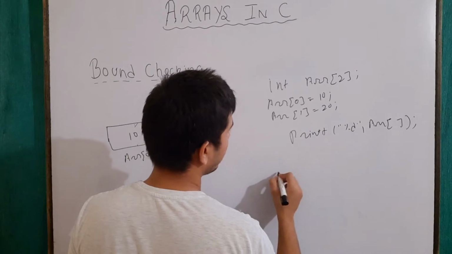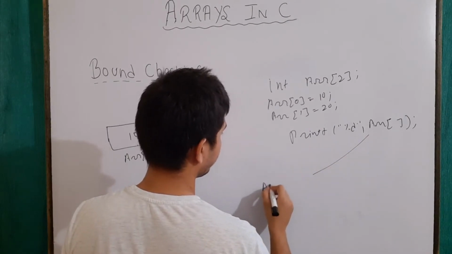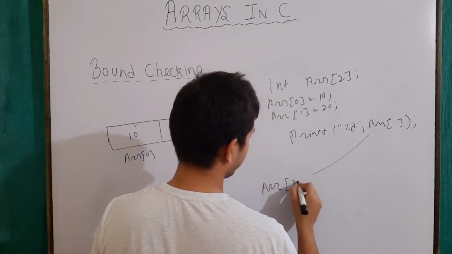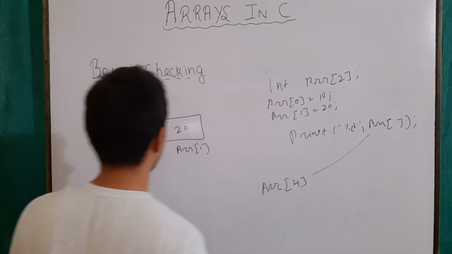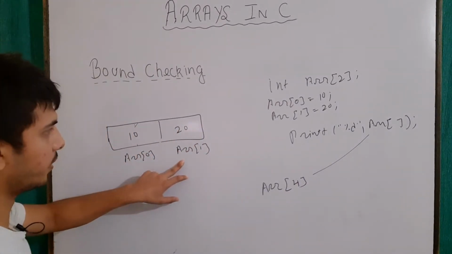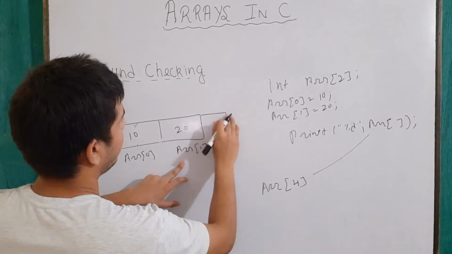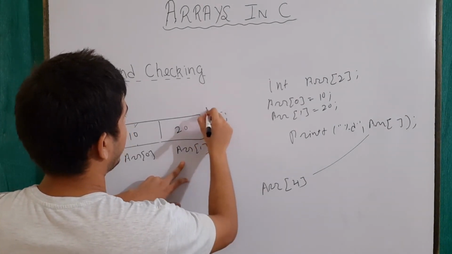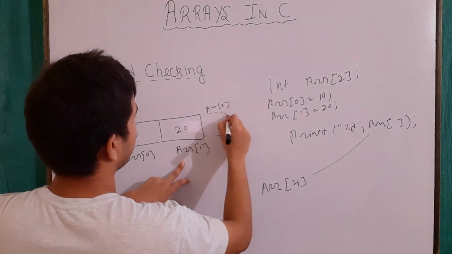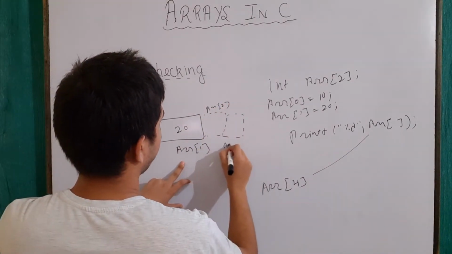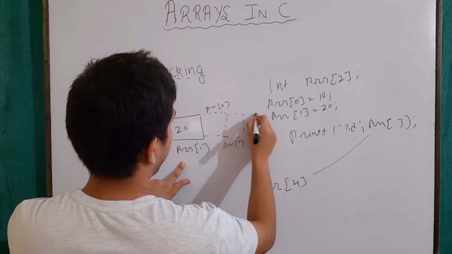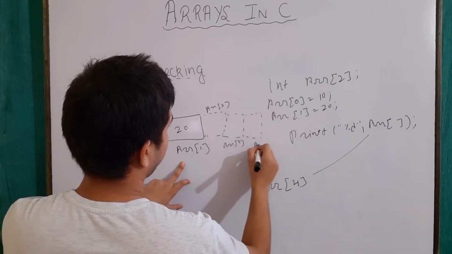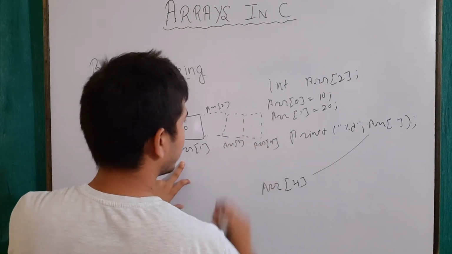Now what will be the output if I write array[4]? This was 0, this was 1. If we virtually see it, there will be array[2], then array[3], then array[4].